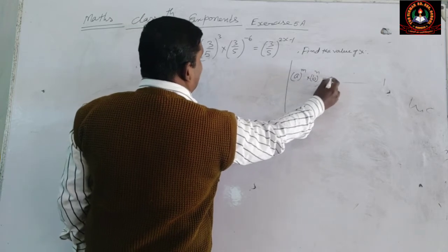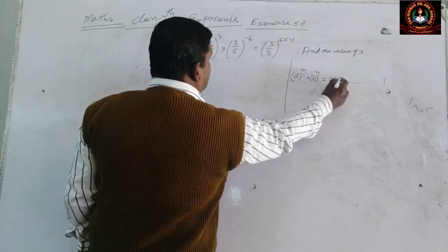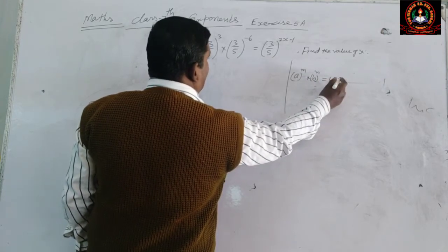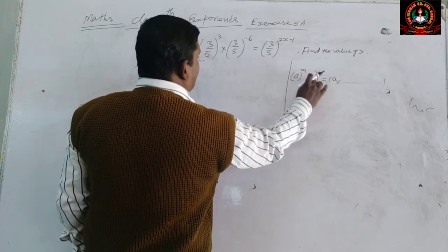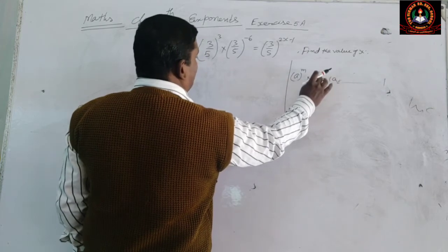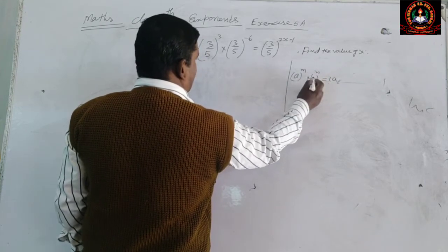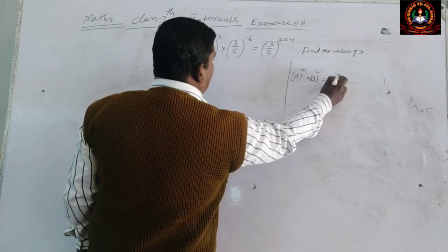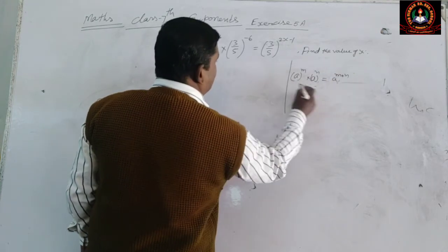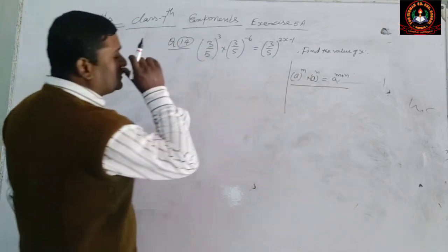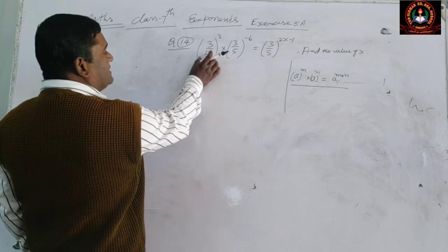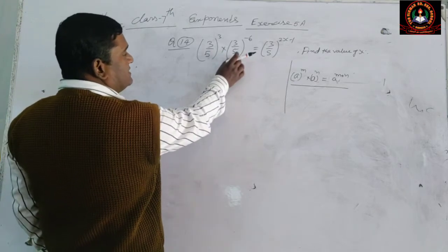Then you have this formula: a power m into a power n, then a power m plus n. You will use this formula because here the base is 3 upon 5 and here the base is 3 upon 5.